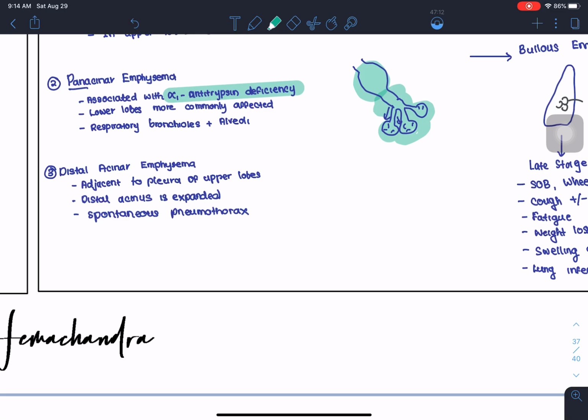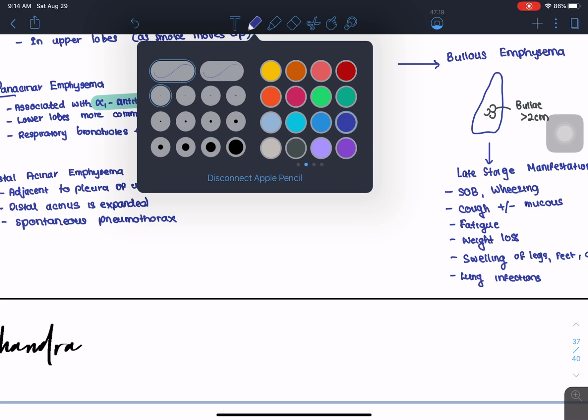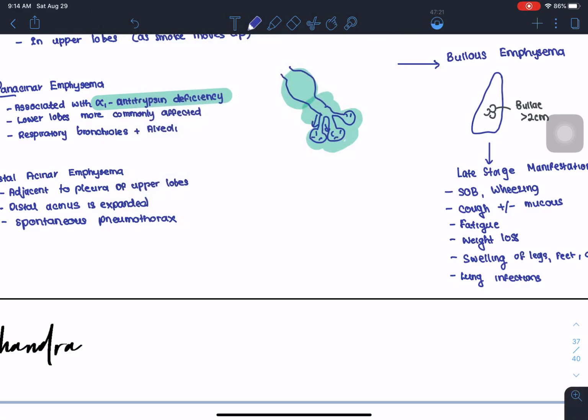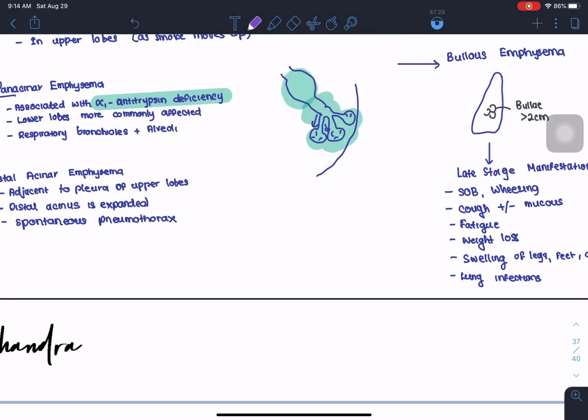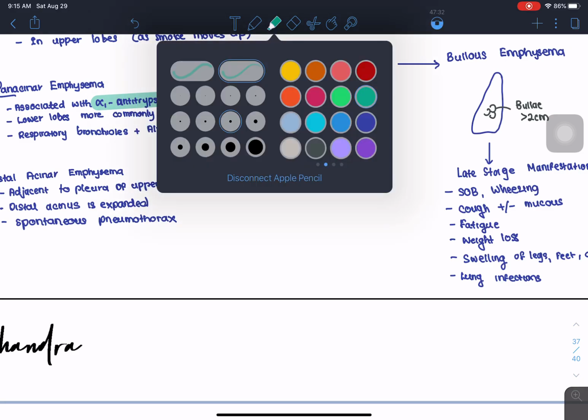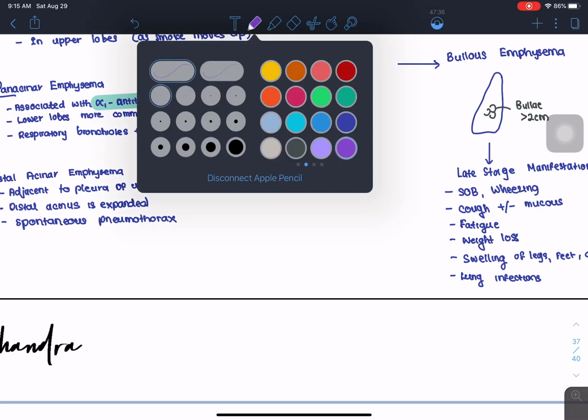And this distal acinar emphysema involves the most distal acini, which is closest to the pleural space. That can lead to destruction of the pleural wall and cause spontaneous pneumothorax.